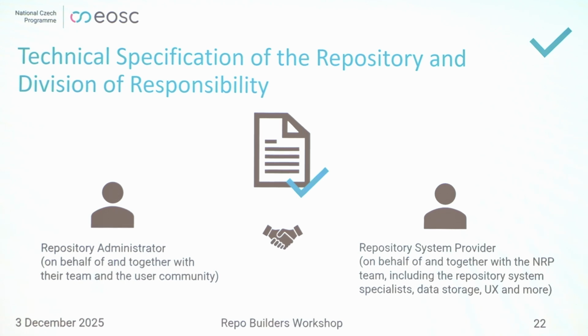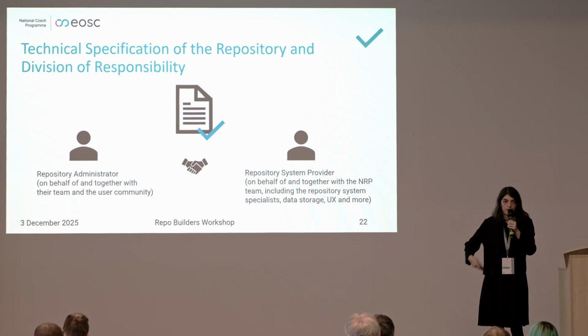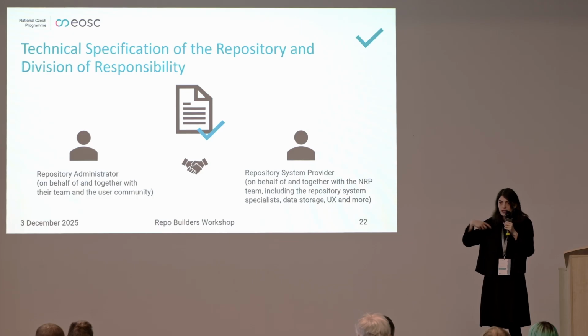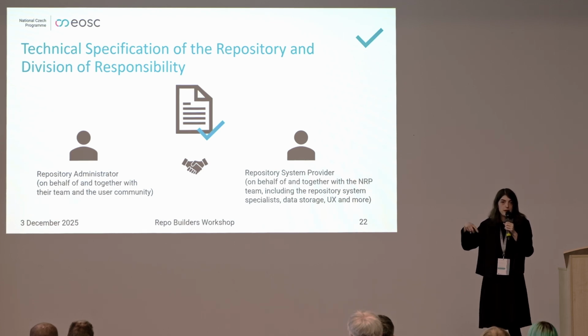On one side will be the repository administrator, who is making the decision on behalf of and with the cooperation of the user community, and the repository system provider, who is doing it on behalf of the entire National Repository Platform and with input from many different people in it, including us, the repository system specialists, and the developers, and lots of different parties that might have some input to specific steps.